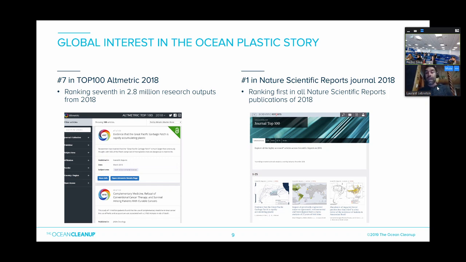Out of 2.8 million research outputs in 2018, this paper was ranked 7 in the top 100 on Altmetric, which measured the amount of tweets, newspaper articles, blogs, and citations. It was also number 1 for Nature Scientific Reports, just showing how important this story is and how it is bringing our problem back to us, saying, hey, we have a problem there.